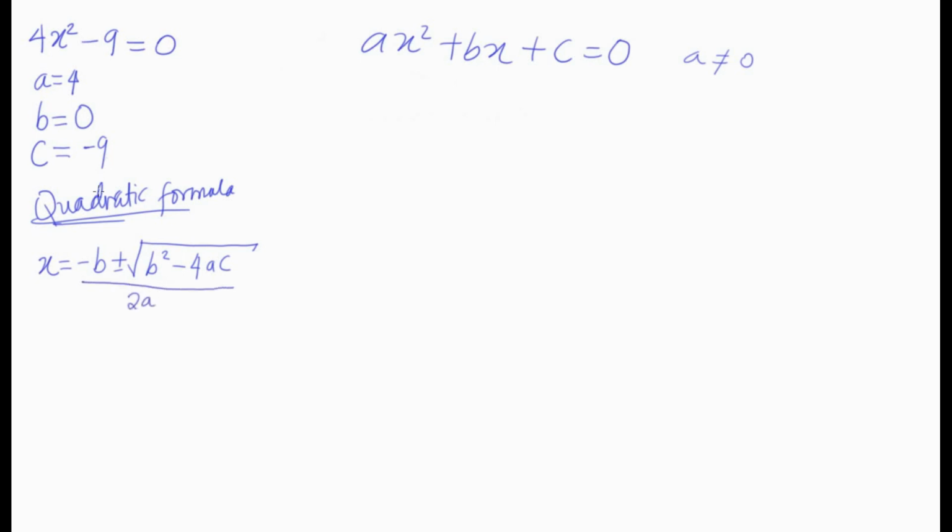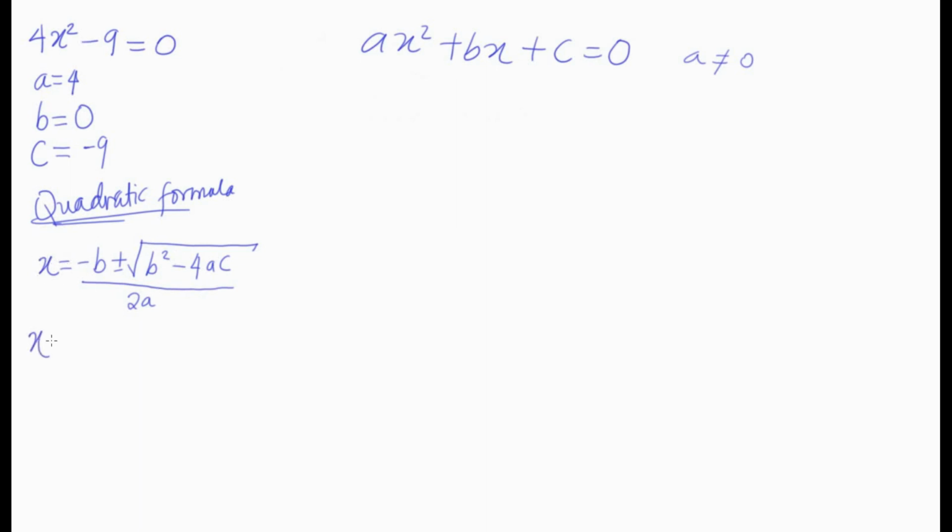So the process just involves putting a equals 4 here and here, b equals 0 here and here, and c equals -9 here. So that's the process. When we put in all the values and solve, we're going to get the values of x.